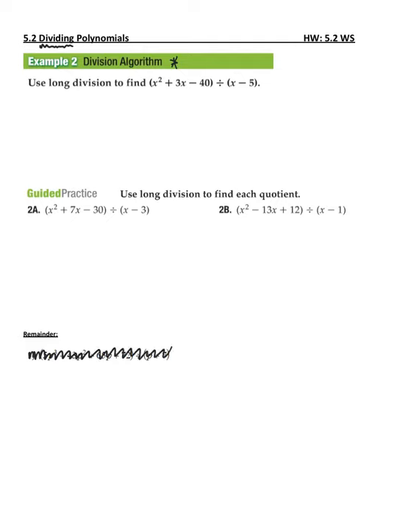Looking down here at the bottom, I'm going to cross out that problem. We're not going to have one with a remainder today. I'm going to keep it a little simpler. If you remember back when you first learned long division, you might have had a problem where you had 75 and you wanted to divide that by, let's say, 5.